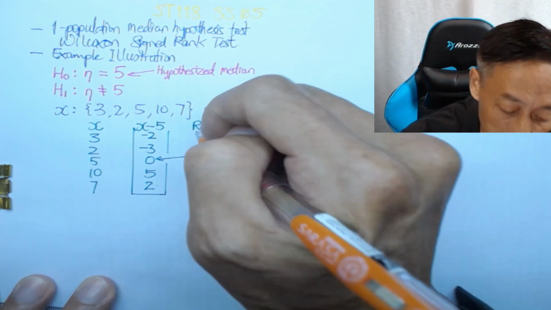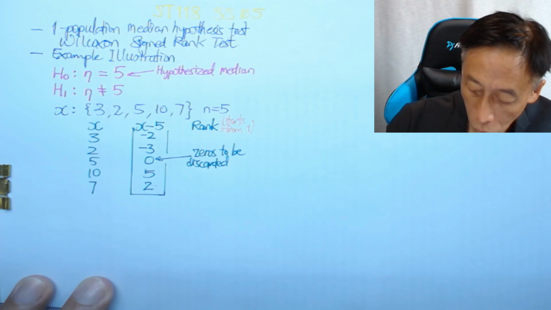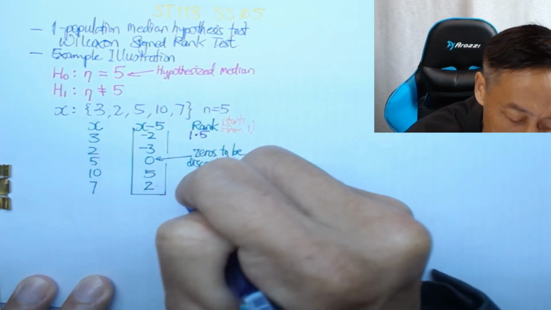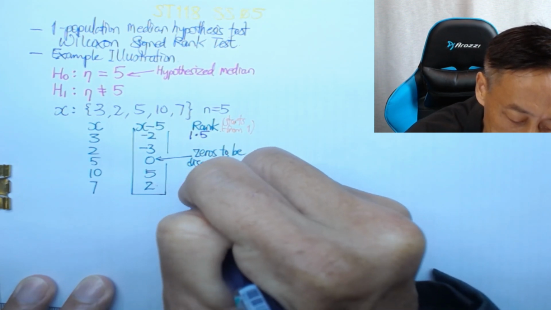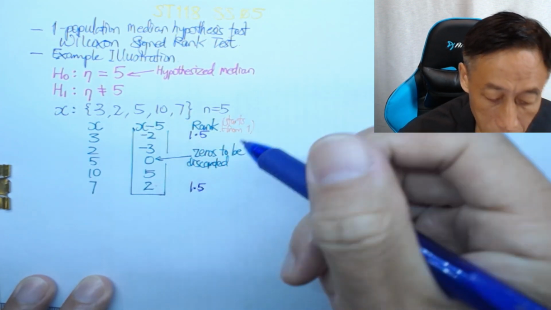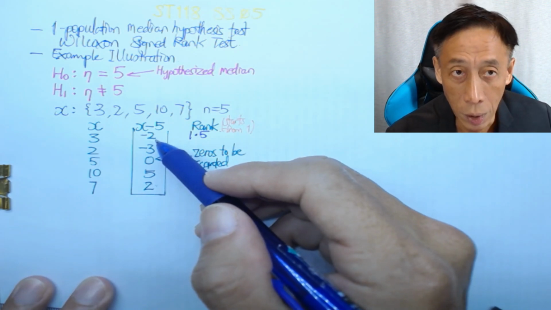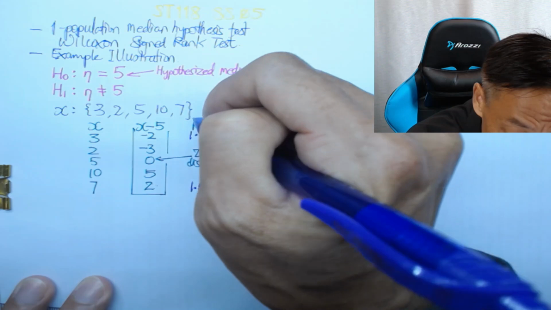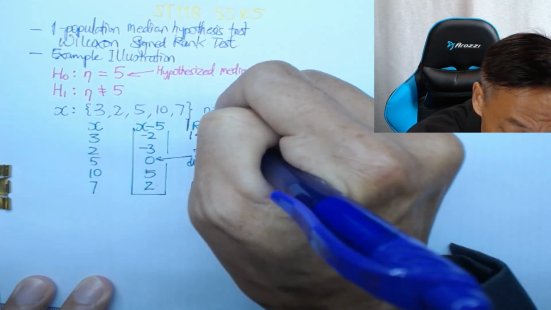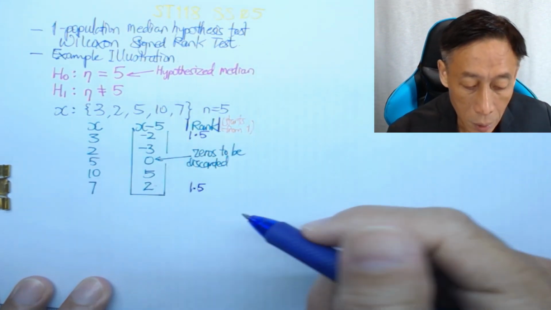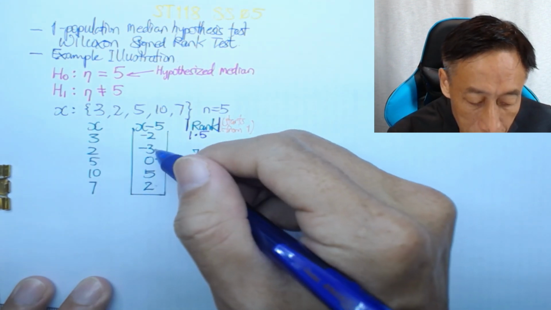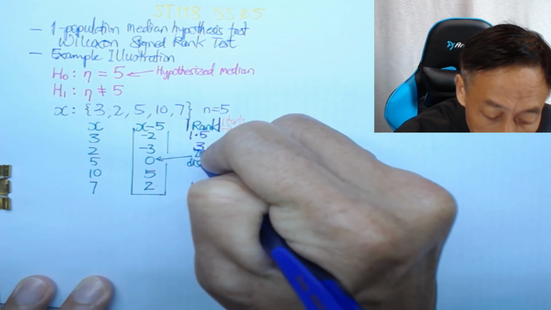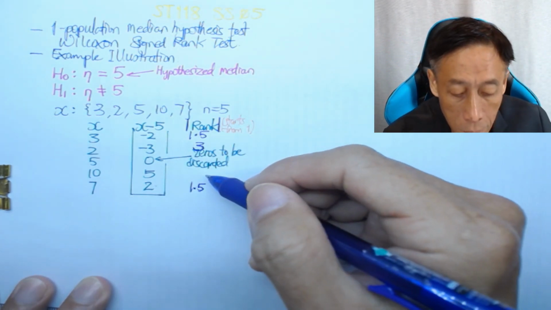We will have a tie, and so we will call it 1.5. So it's rank 1.5, 1.5, at first ignoring the signs. So it's like absolute rank. Next up is third place, so number 3 is rank 3.